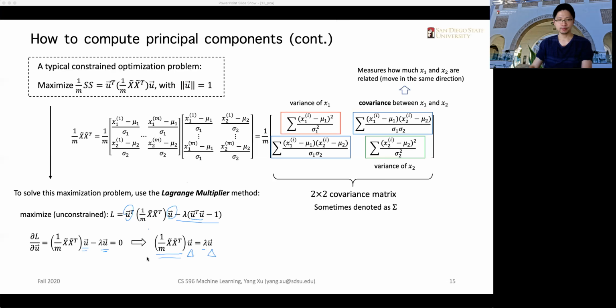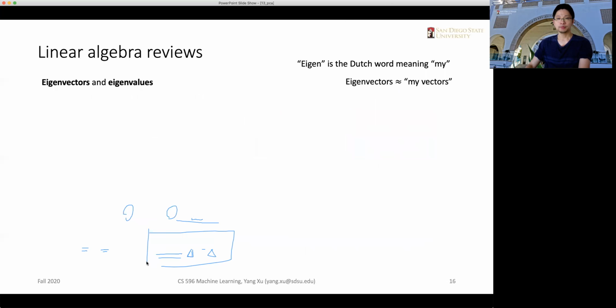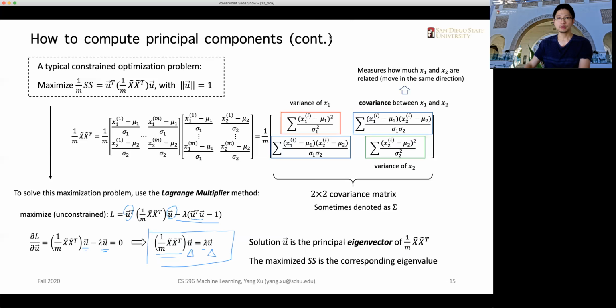And there's a special name for this linear equation. The solution u is the principal eigenvector of the covariance matrix, and the corresponding maximized sum of squares is the corresponding eigenvalue to those eigenvectors. And actually, this equation in the blue box here is exactly the definition of eigenvectors of a matrix, of this covariance matrix.